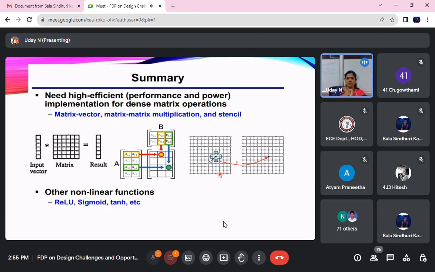An input vector multiplied will give you a result, or a matrix multiplied with another matrix should give you a result. And we should have computing units to perform nonlinear functions like ReLU, sigmoid, tanh. These are the requirements for developing any architecture for the implementation of deep learning algorithms.